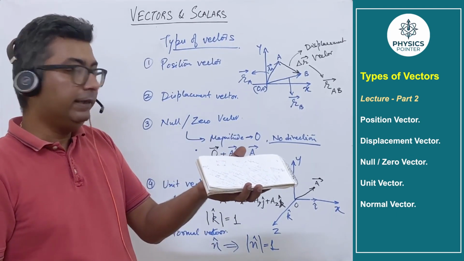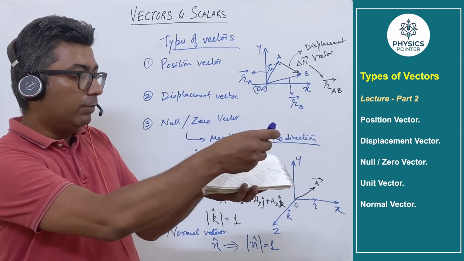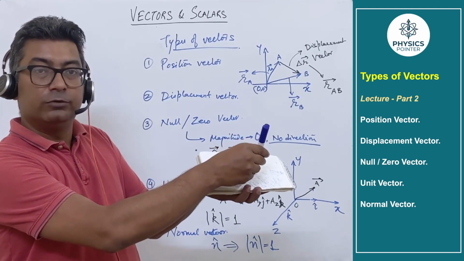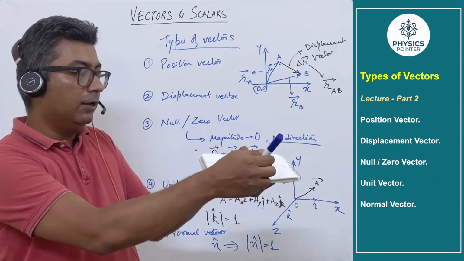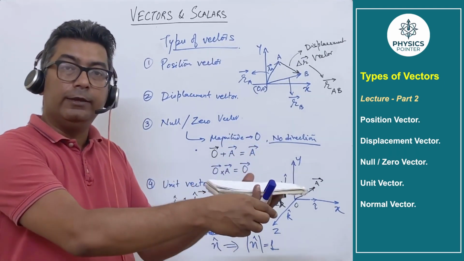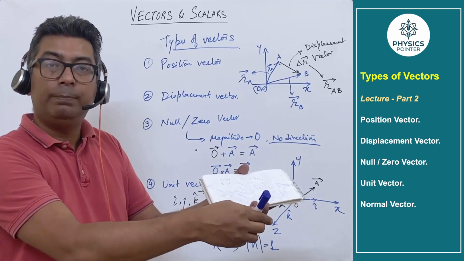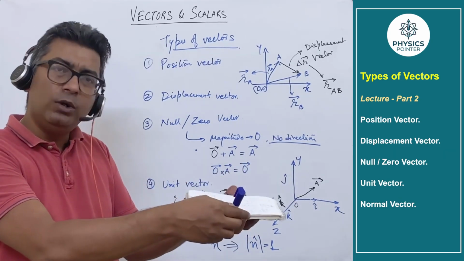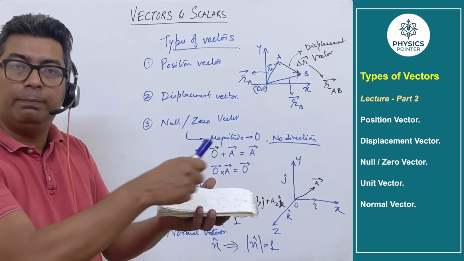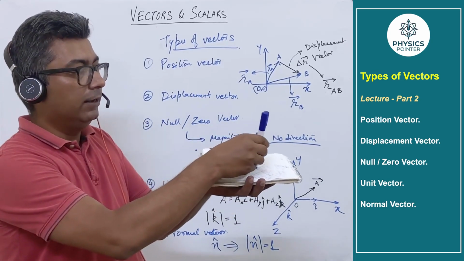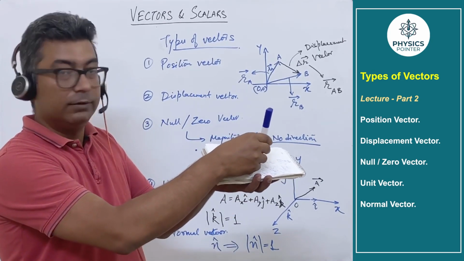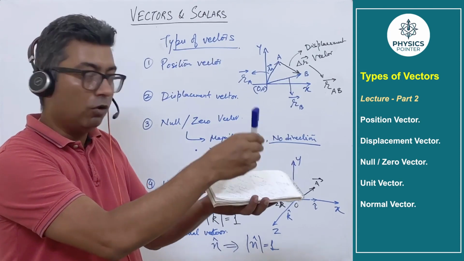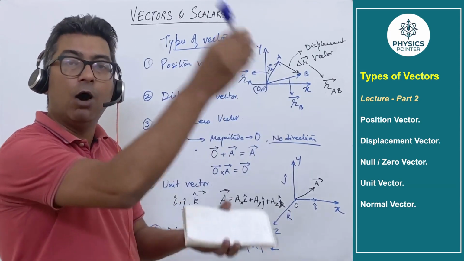If I tilt it a bit, the normal vector also tilts. So the normal vector changes with the area. It has to be a plane surface. It may be regular or irregular, but it has to be a plane surface on which we can put a normal vector. The normal vector is always directed outwards.